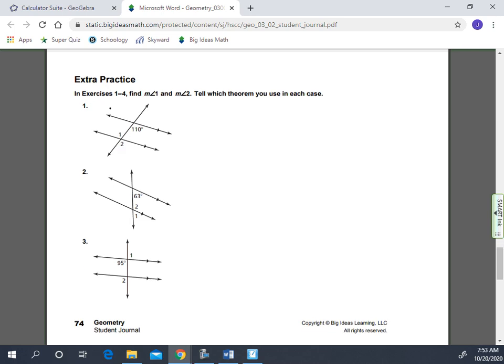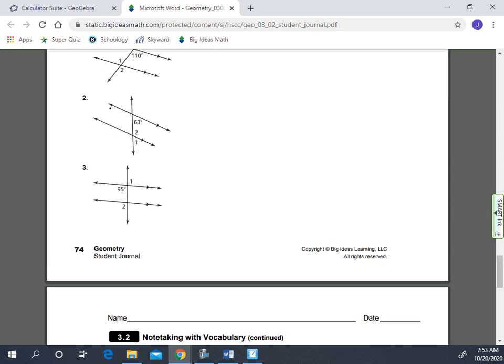Number 2. Okay, we have these two parallel lines here and the transversal. So let's find angle 2 first. Angle 2 is on the same side of that transversal.